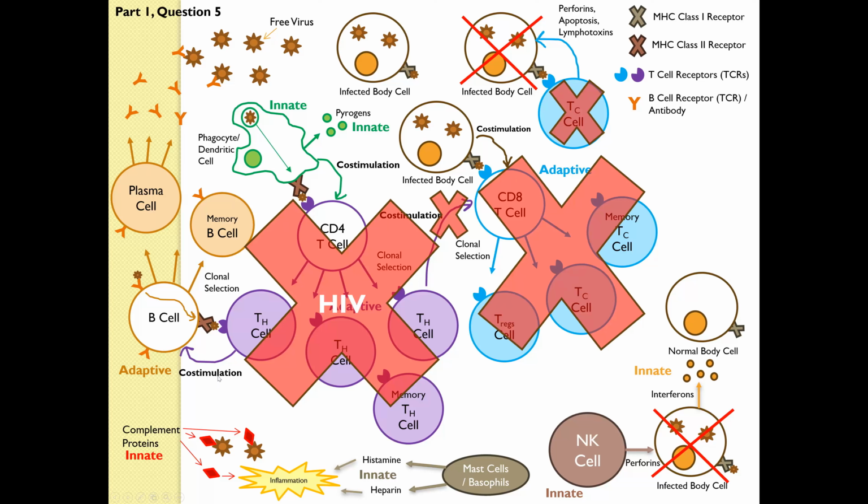We also do not get the co-stimulation necessary to activate B cells and get plasma cells and antibodies, so we also lose the antibody-mediated defense. So HIV takes out the all-important middle guy that knocks out both sides of your adaptive immune response.